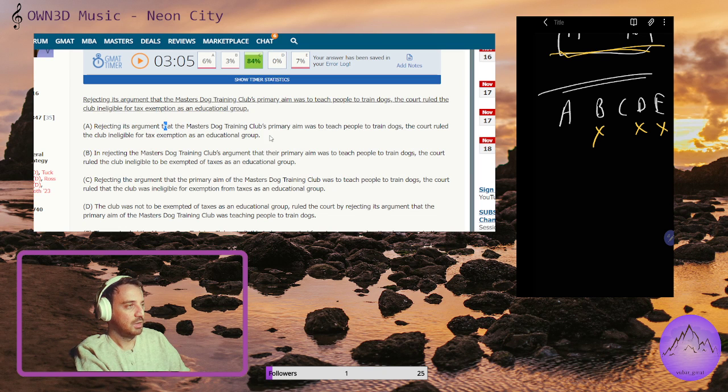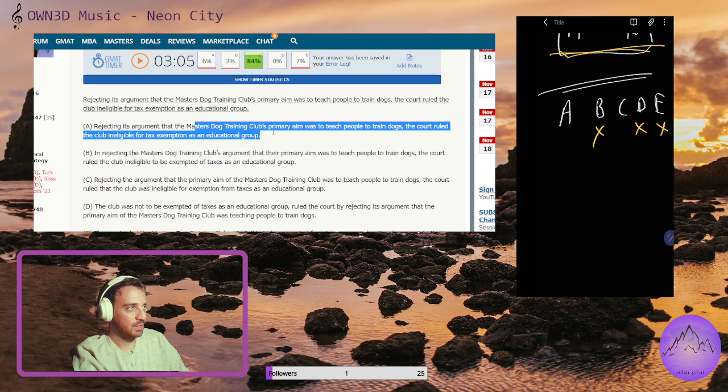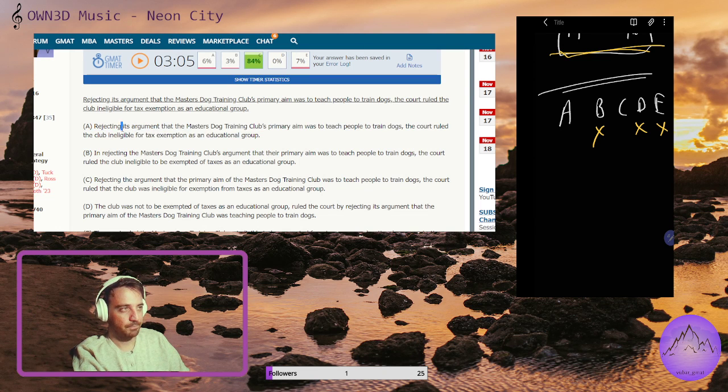So rejecting the club's argument that their aim was to teach people to train dogs. Now, I think maybe the problem is that the word "its" is coming before we actually have the noun. So at the time we read "rejecting its argument," whose argument? We don't know yet. You have to keep reading to get there. And even though it's very soon, that's probably the problem, I think.